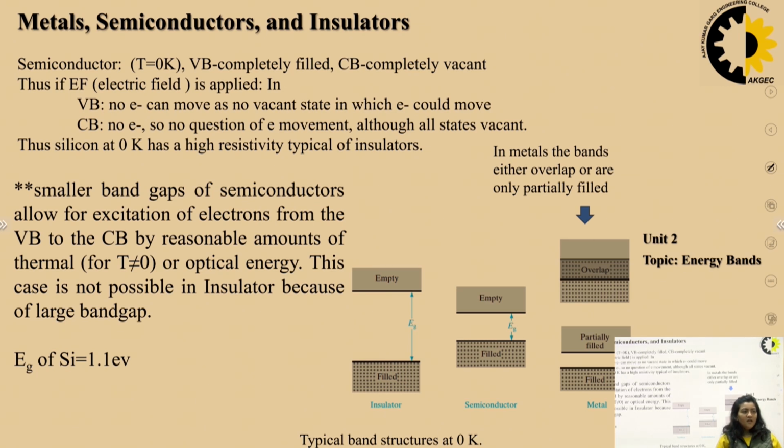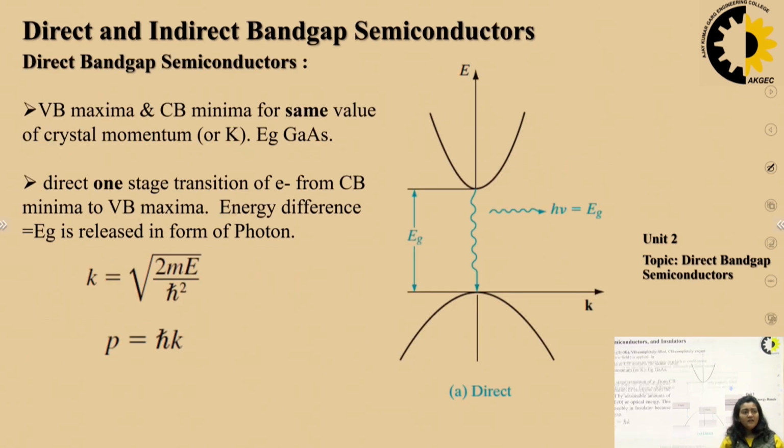As soon as the electrons in the valence band get that energy, like thermal agitation or optical energy, they will move towards the conduction band.